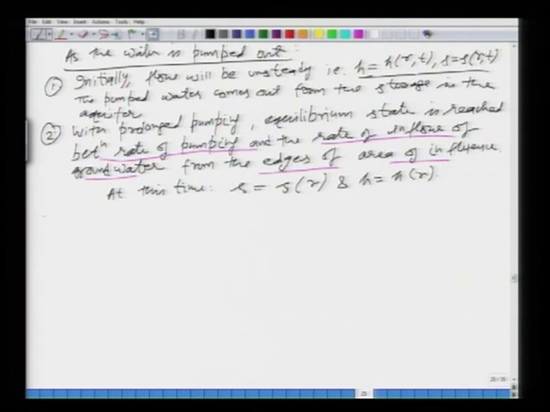The next point, as we pump the water out, is about the cone of depression. The cone of depression will be constant with time, now when things have become steady state.